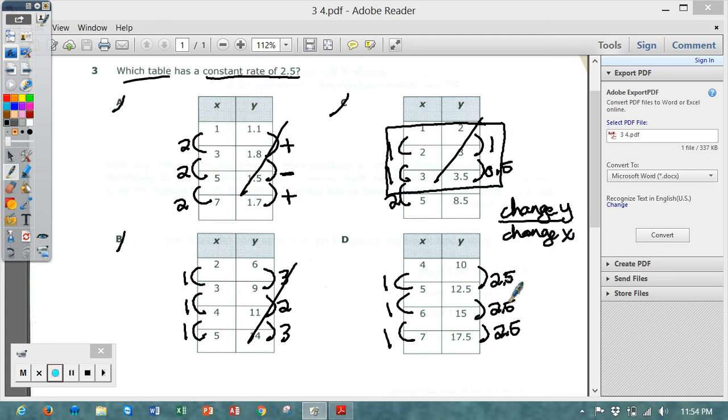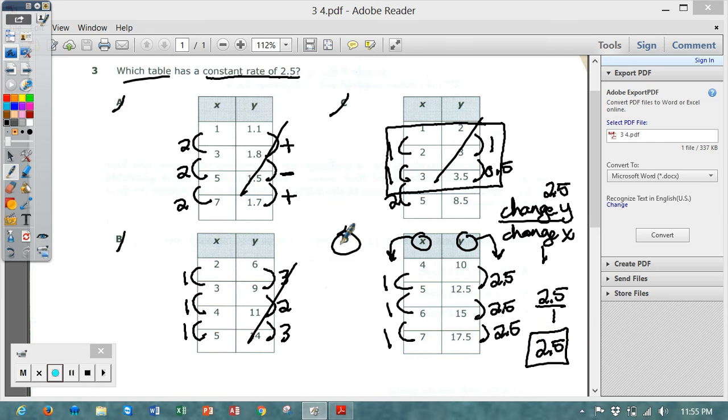Well, the change in y is changing 2.5. X is changing by 1 each time. Well, 2.5 divided by 1 is 2.5. So this is a constant rate of change of 2.5. So that's exactly the one we're looking for.